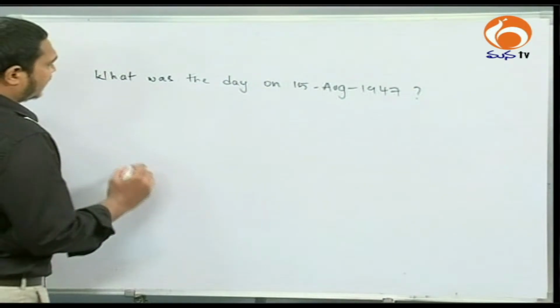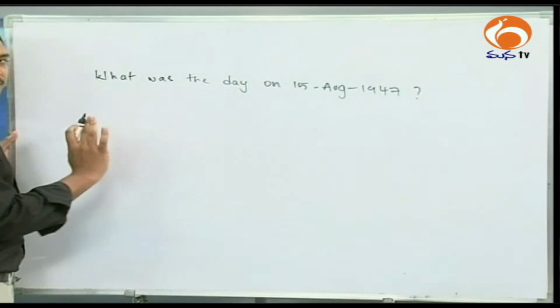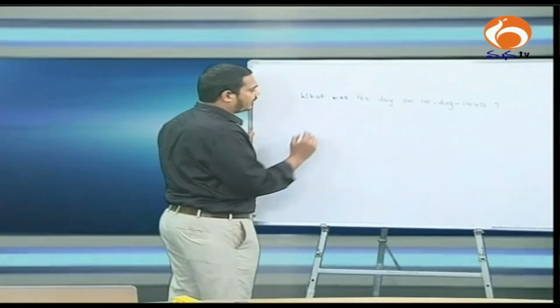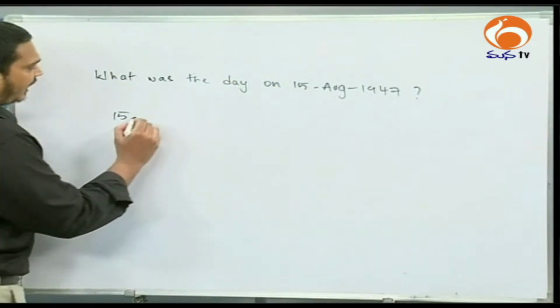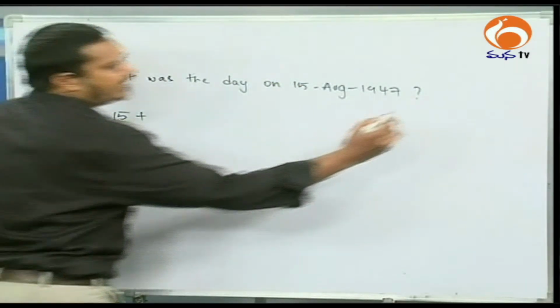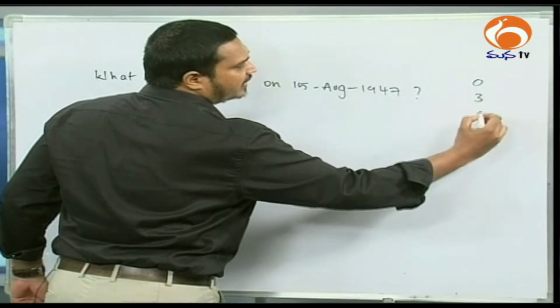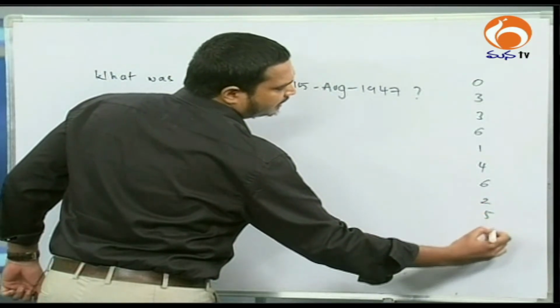So simple. Now I'm just going to write the procedure here. We already know the procedure. I'm just going to substitute the values. First thing I said, given date. Given date is 15. And then plus month code. So for August, I told you it is 033614625.